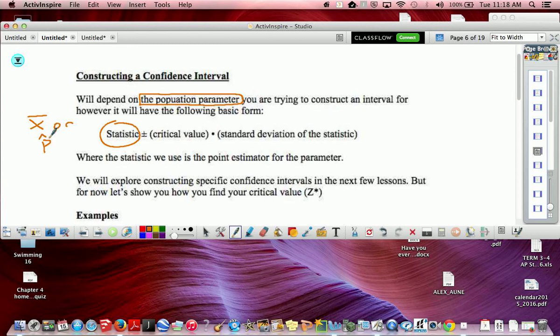Then we're going to have our critical value. This critical value will depend on the size of the confidence interval. I'm going to abbreviate that CI.